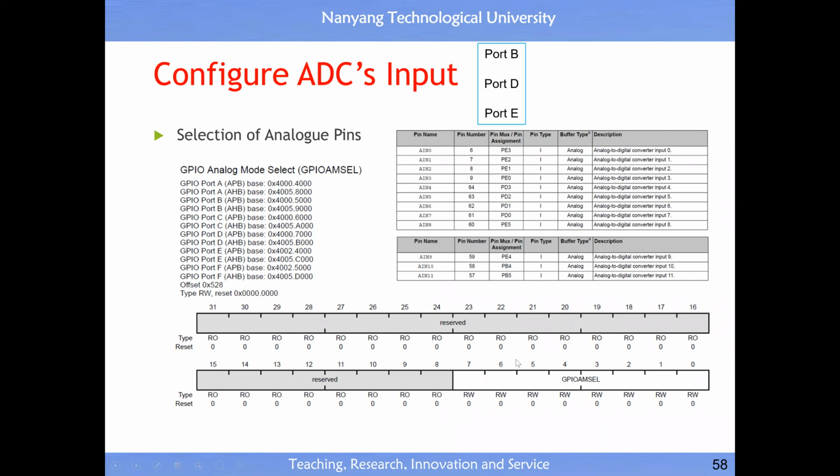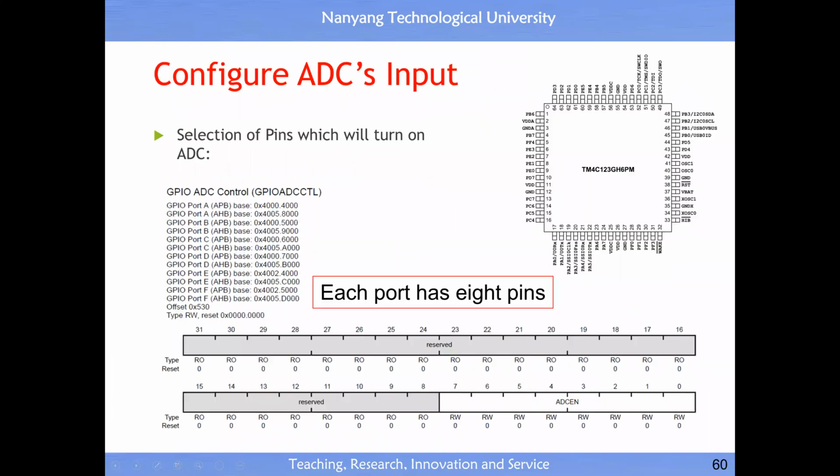Each address has at least a register, all right? And each register only controls connection or no connection of a pin, because each port has 8 pins. If there's no connection, you set the value 0. If there's a connection, set the value 1, and so on. That's it, all right? It's very simple.